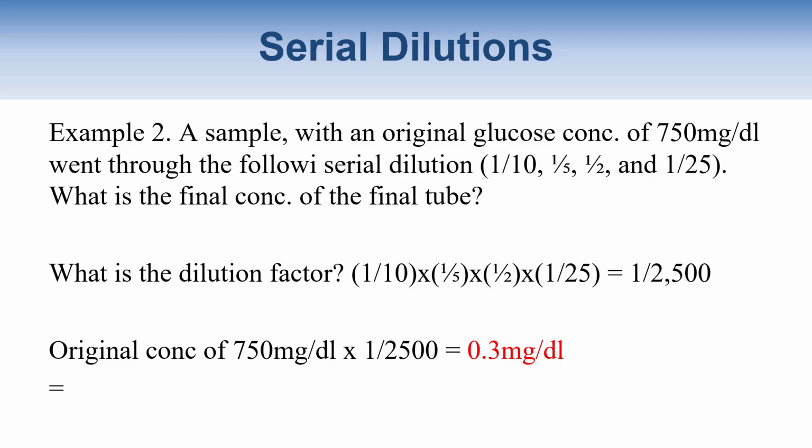You would just multiply our original sample by that dilution factor. So 750 mg, when we multiply it by the dilution factor of 1 to 2,500, you now see that it's actually a division problem. So that's how we got to the 3 mg per deciliter.